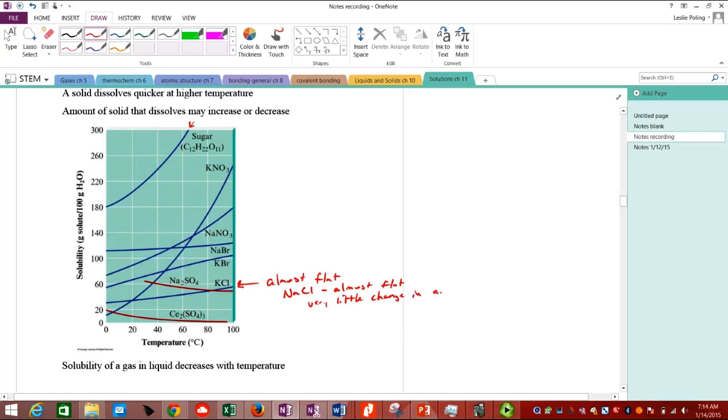Very little change in amount that will dissolve versus temperature. Now you see the two reddish brown lines. Some things are less soluble at an increased temperature.